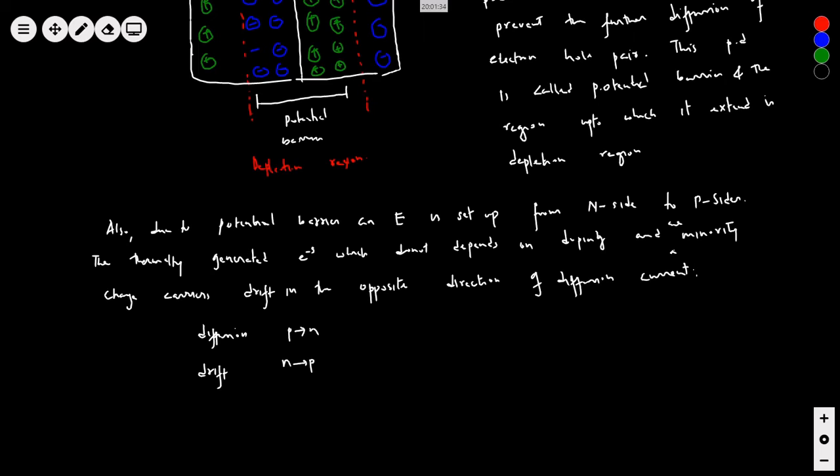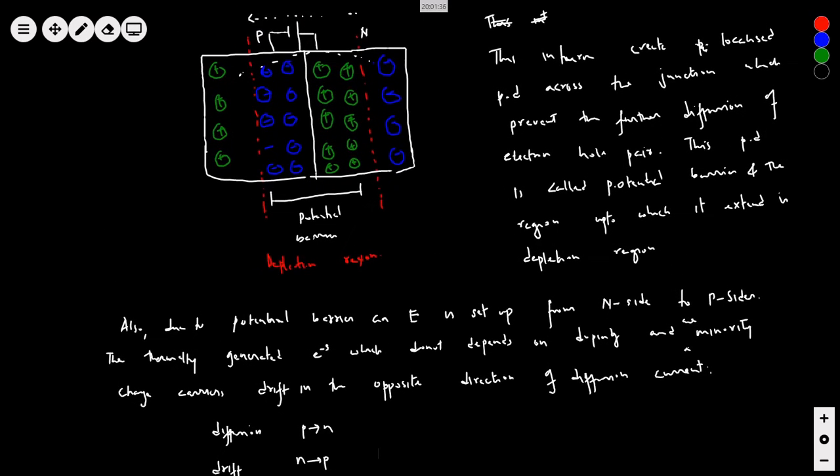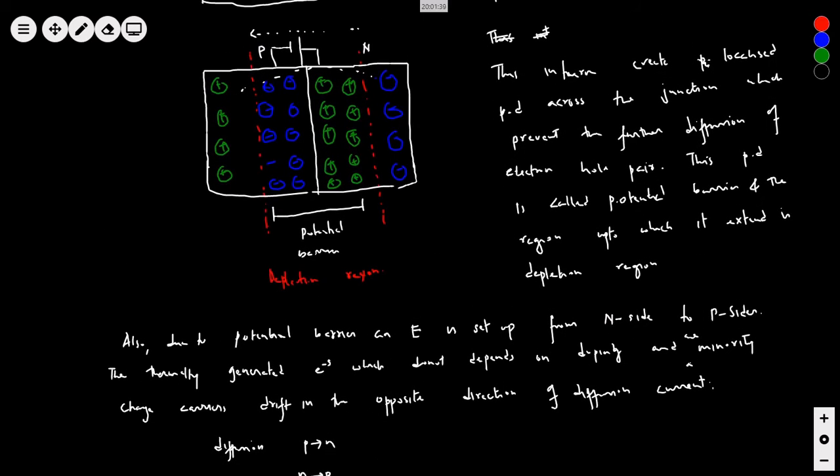Definitely, because this side is negative and this side is positive. The minority carriers depend only on temperature, they do not depend on doping. So if the temperature of the surroundings is large, more of them will be created and they will cross the junction, right?